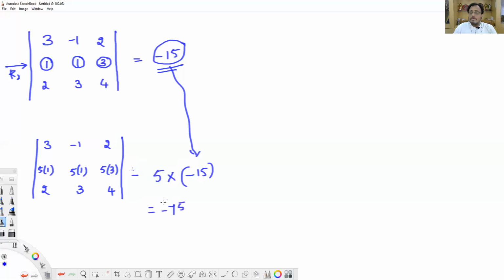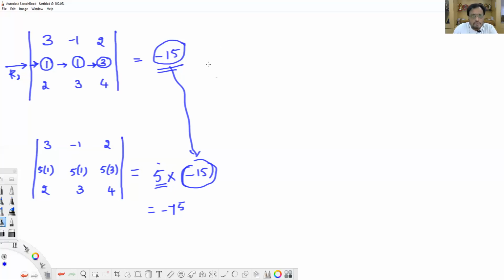This is what your textbook theorem says: in any determinant, if every element of any row or any column is multiplied by the constant k, then the value of the determinant has to be multiplied by k.